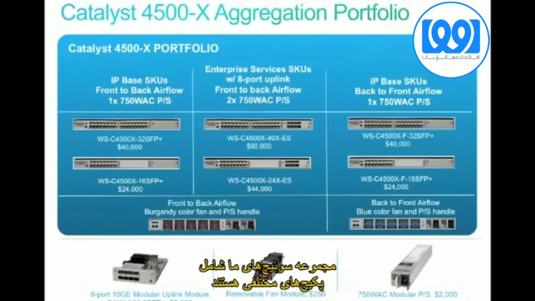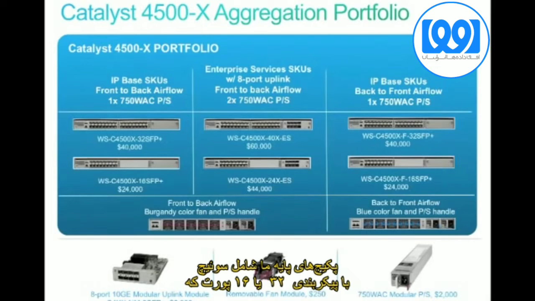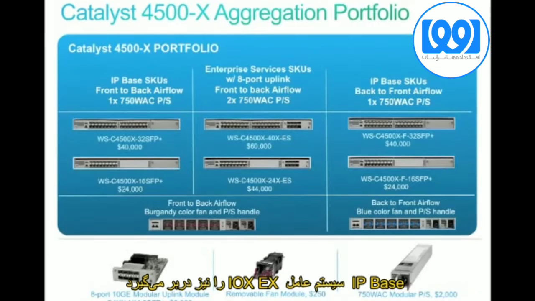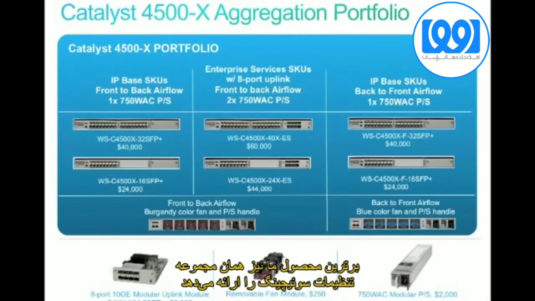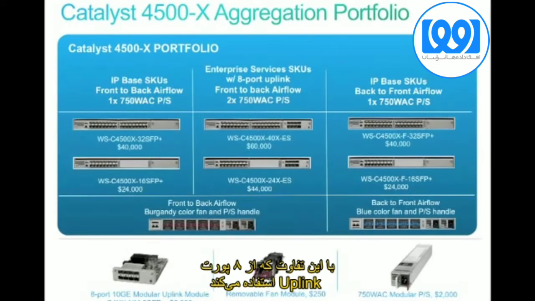Our portfolio of these switches includes various packages. Our base packages include either a 32-port or a 16-port switch configuration. This includes the IP Base IOS XE operating system, the front-to-back airflow fans, and a single power supply at 750 watts AC. Our flagship offering offers the same switching configuration portfolio, but populated with the 8-port uplink, bringing the switches to 40 ports and 24 ports respectively.